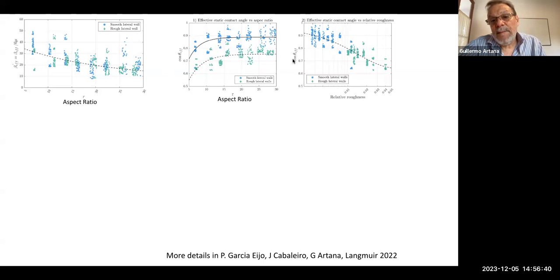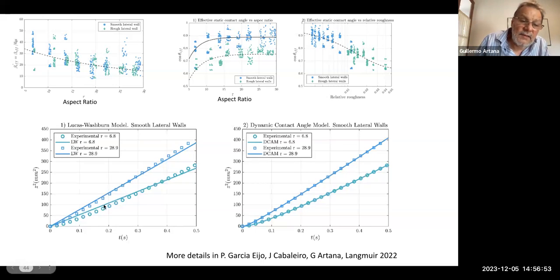On the contrary, the contact angle is largely modified by the relative roughness. So the main aspect here is that this is the square of the length of the filling of the channel, these are experimental against time, and these are the results that you should obtain when you use the Lucas-Washburn equations.